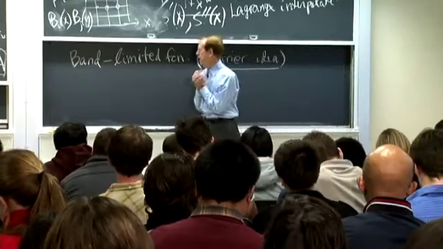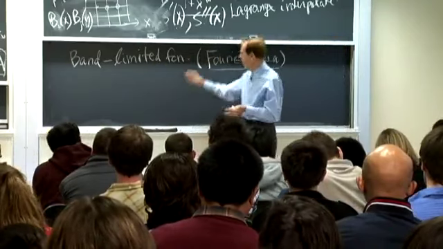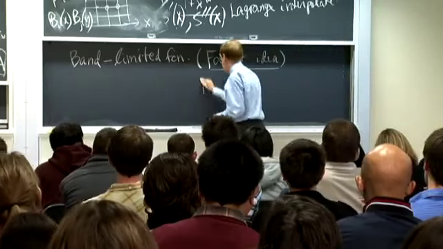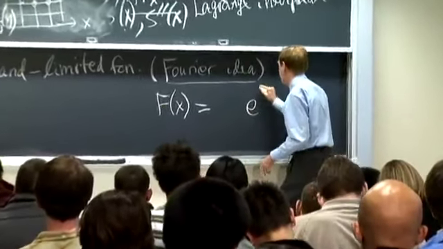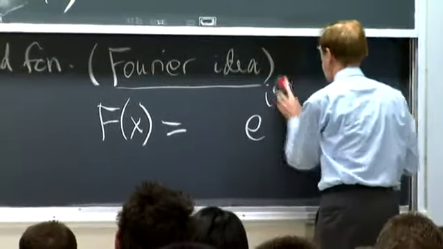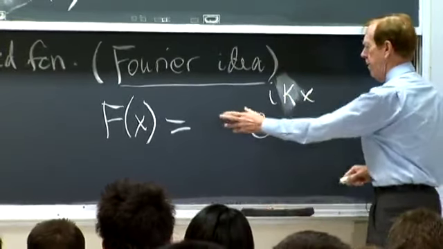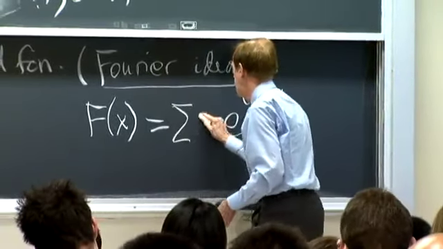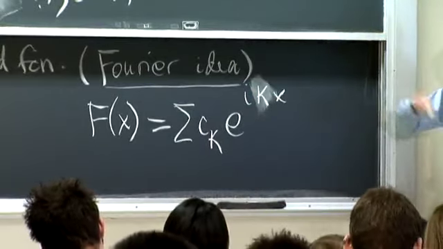What is a band-limited function? It's Fourier. You know the Fourier idea is to take f of x and write it as some combination of pure frequencies, e to the i kx. So this is Fourier that's coming. I take the function f of x and I could think of it as a combination of pure exponentials, pure frequencies.